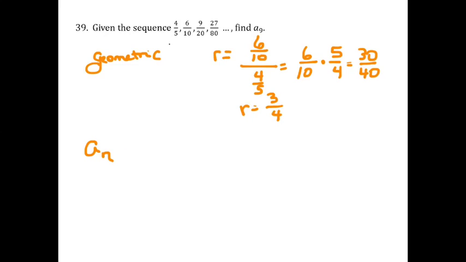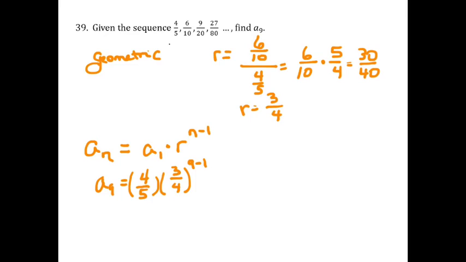For geometric sequences, the nth term is equal to the first term times the common ratio to the n minus 1 power. So in this case, a sub 9 would be equal to a sub 1, which was 4/5, times the common ratio, which we just figured out is 3/4, raised to the 9 minus 1 power.